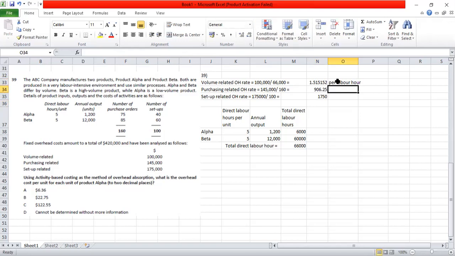Then this is per purchase order. And this is per setup.